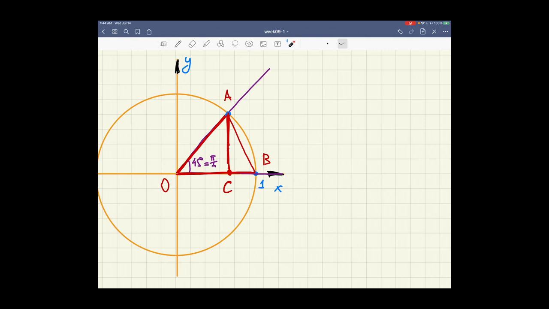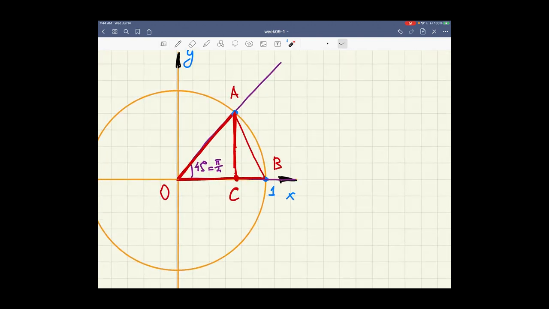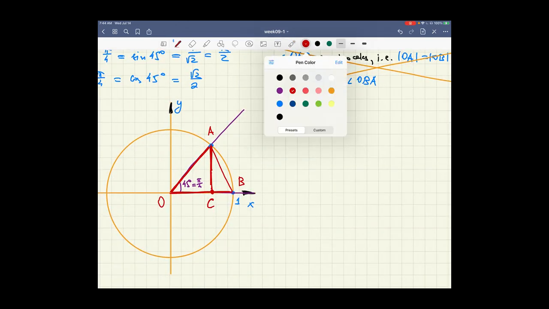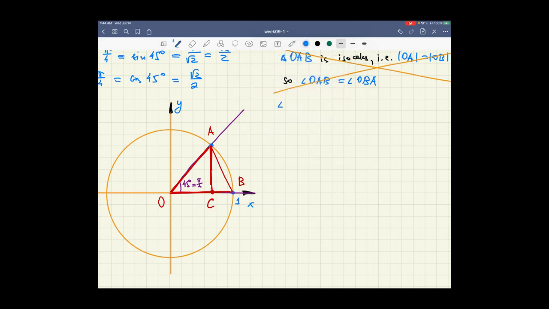That will be more interesting. Because AC is perpendicular to OB, we have angle OCA 90 degrees.